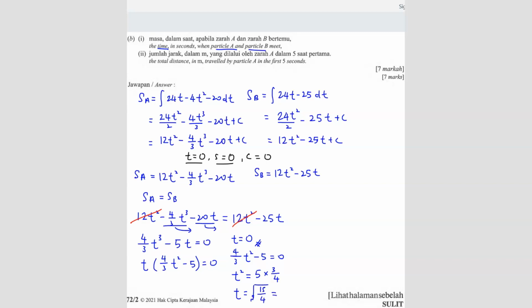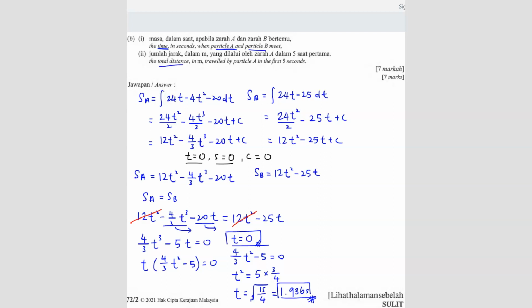So the answer is 1.936 seconds. At these two timings the two of them will meet. Of course, when t equals 0 this is the starting point, so the answer is 1.936. Clear?